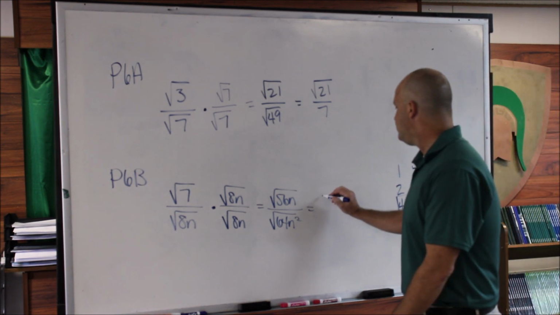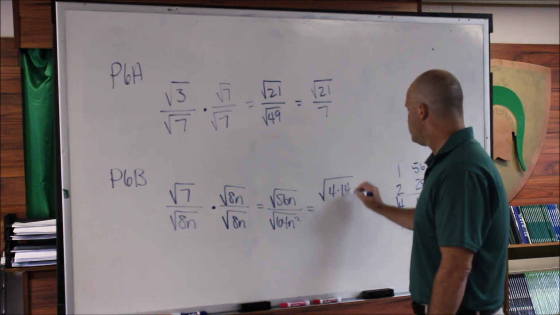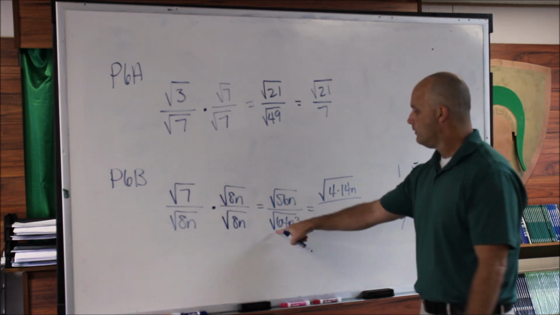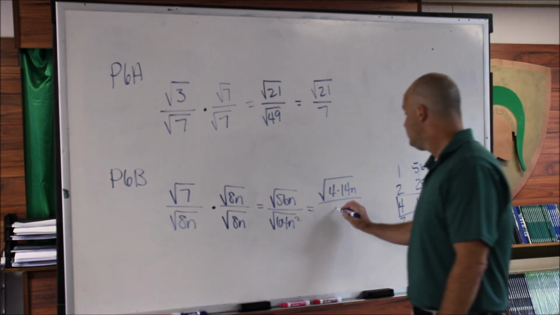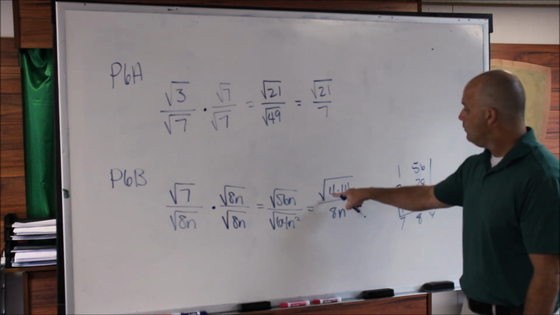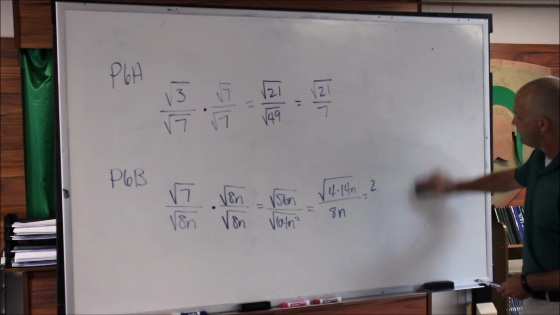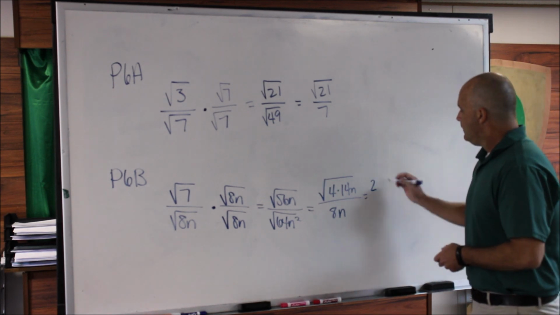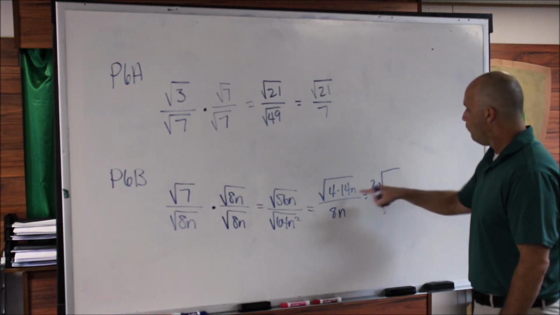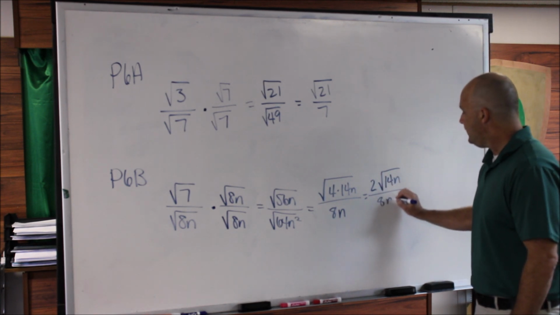So now I've got to take this and go square root of 4 times 14n over square root of 64 is 8, square root of n squared is n. Now square root of 4 is 2. I'm going to go ahead and erase my factors to give me enough room, times the square root of what's left over, 14n over 8n.